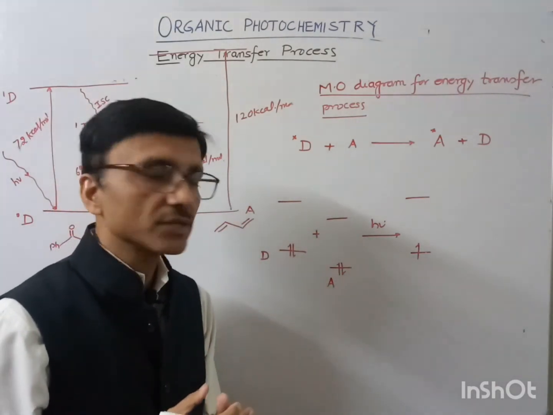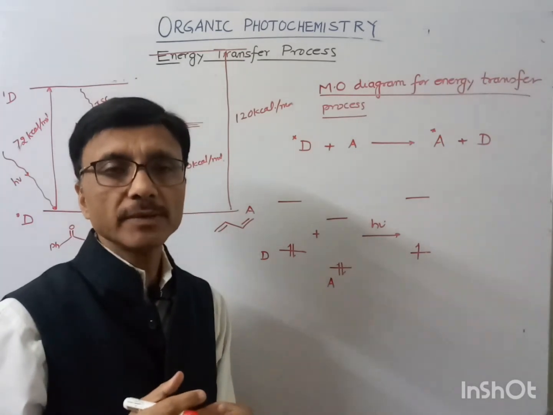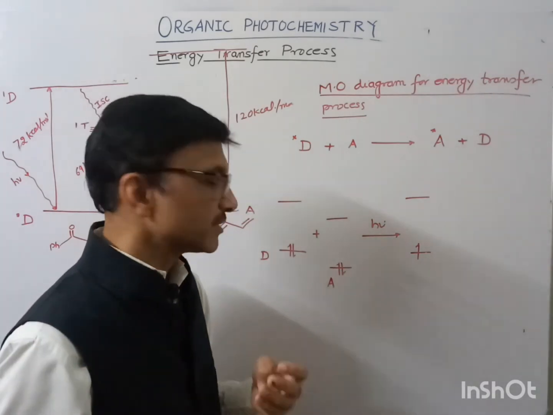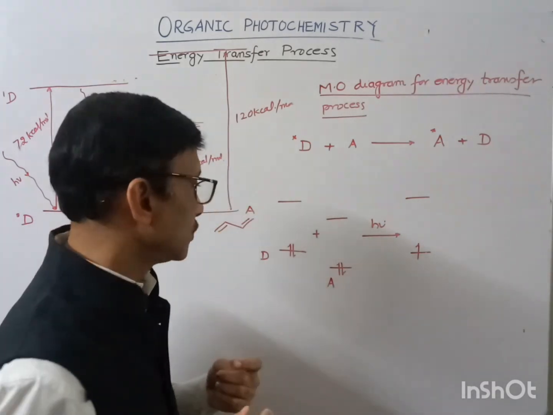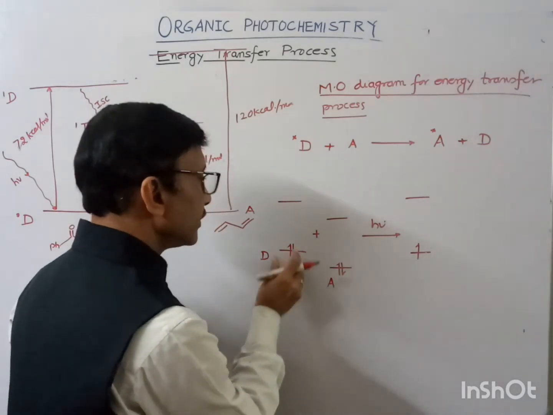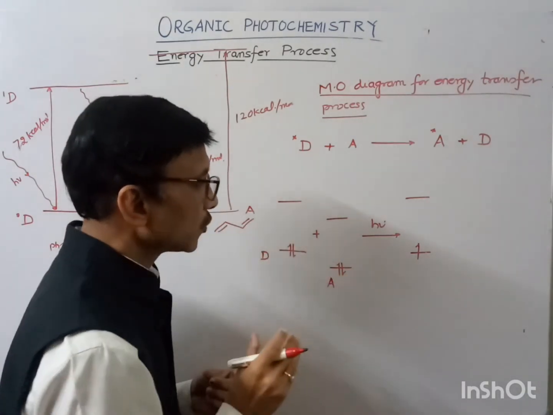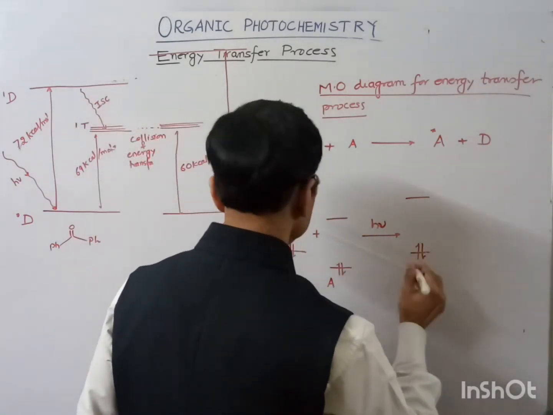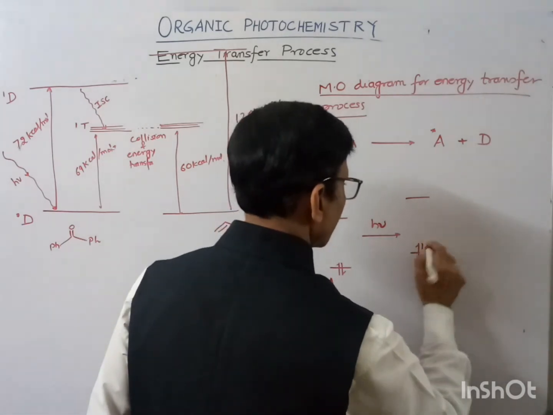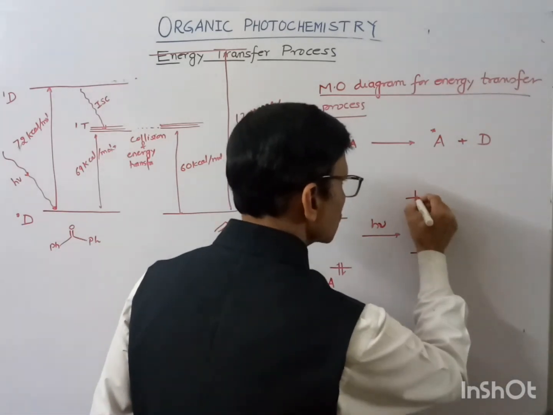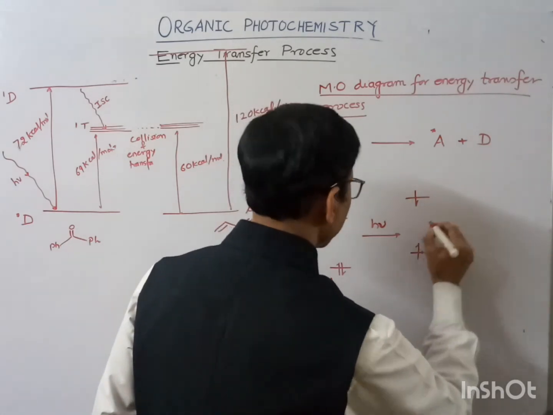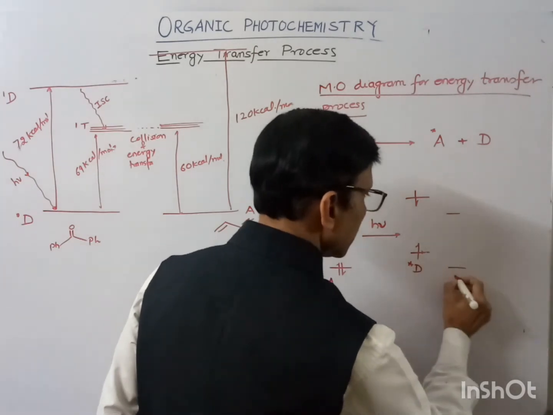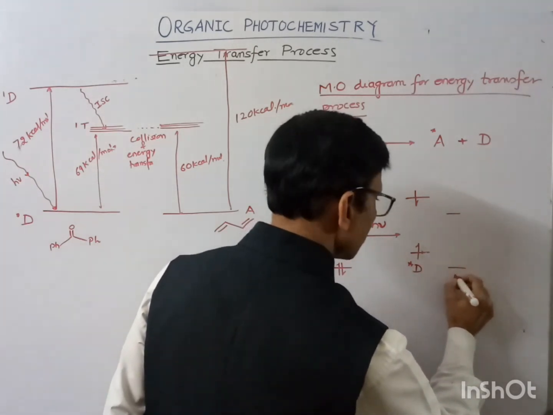The condition for energy transfer is that the energy of the donor molecule should be higher than that of the acceptor molecule by 5 kilocalorie per mole. So the donor is shown at higher energy, the acceptor at lower energy. After irradiation, this donor molecule becomes excited. One of the electrons goes into the excited state, and we have here the acceptor molecule.